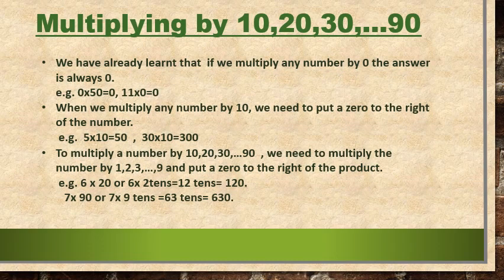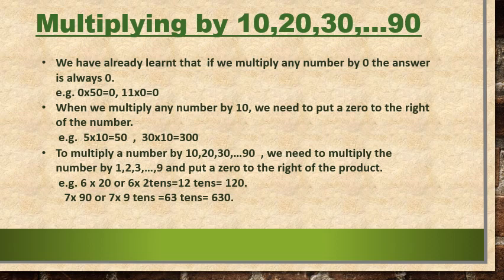Girls, we have already learned that if we multiply any number by 0, the answer is always 0. For example, 0 into 50 equal to 0. 11 into 0 equal to 0.